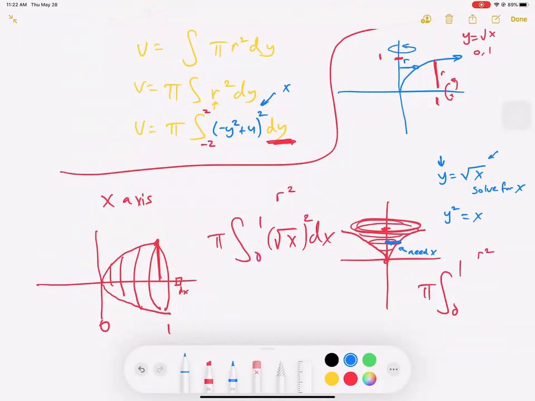You rewrite the equation to get the variable that I need. I need here an x. That's my radius. So given the equation of the graph, I need to rewrite this to become an x. And if I rewrite it, x is now y squared. And that's my r. This is a little bit of dy. And we're going to square it.